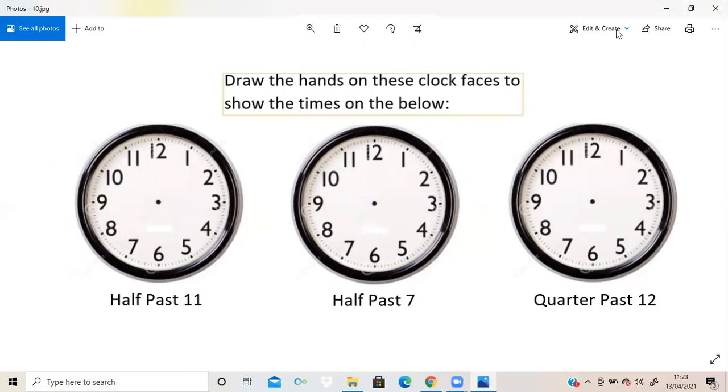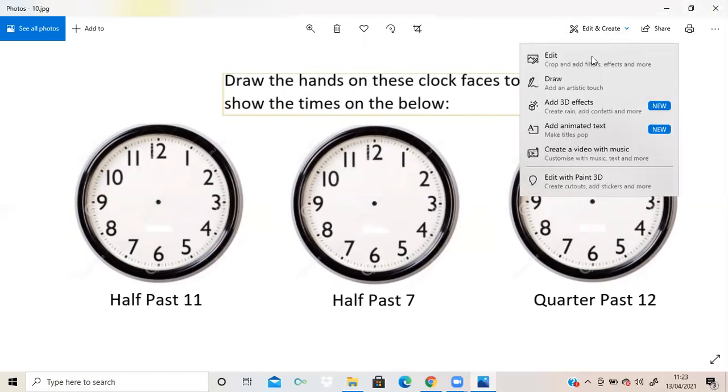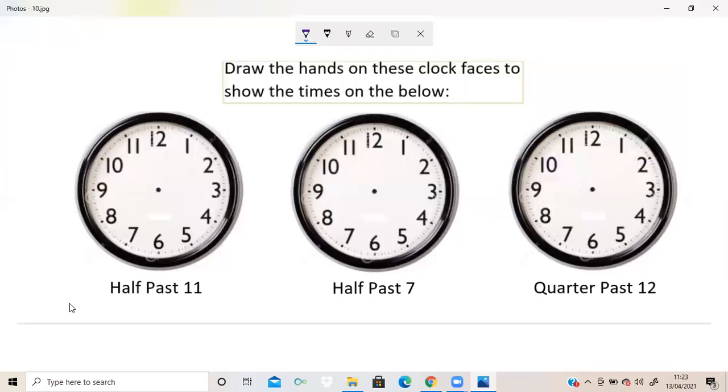The first one, the time they gave is 11:30. So our job is to draw the minute hand and hour hand on the clock face. So 11:30, obviously the minute hand is pointing at 6, like this, and the hour hand between 11 and 12, in the middle here.